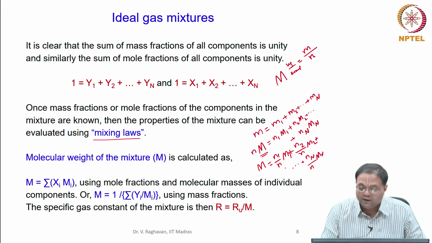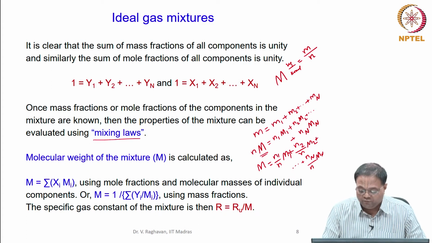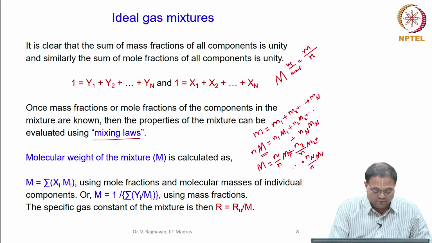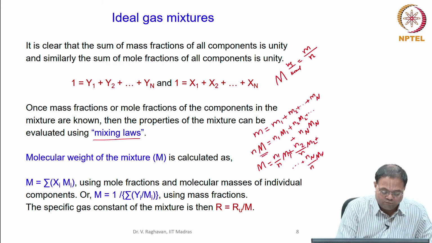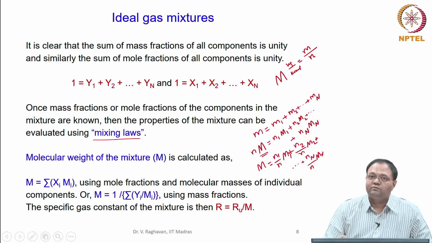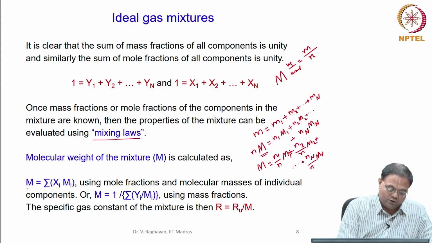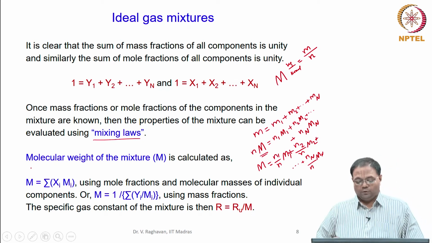This n1 by n is the mole fraction of individual components into their molecular weight, and I am summing up all of this. When I sum up the products of mole fraction of the component with its molecular weight, then you get the mixture molecular weight. So that is the proof for this equation.